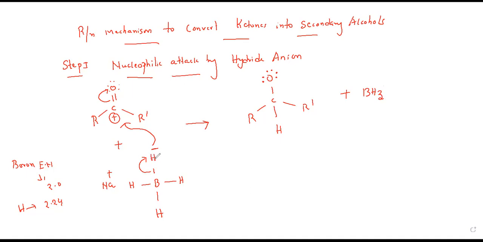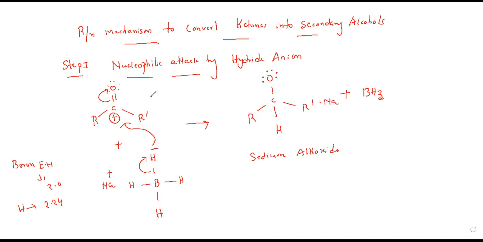So if one hydrogen is transferred to carbon, you will be left with only boron followed by 3 hydrogen atoms. This is called sodium alkoxide. Where is this sodium coming from? Since oxygen has a negative charge, the sodium will be joining here, which is called sodium alkoxide.